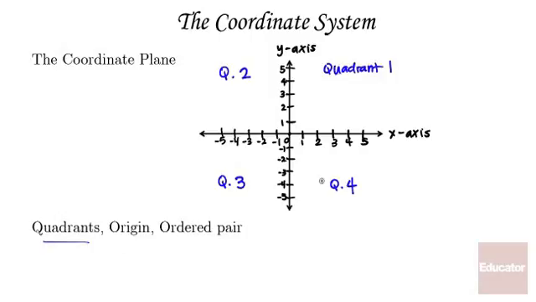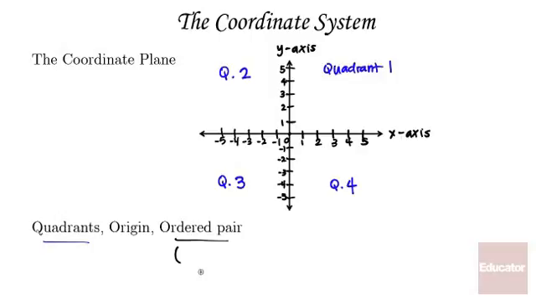Next, the number on the x-axis paired with the number on the y-axis is going to give us an ordered pair. So you're going to look for the number on the x and the number on the y. Together, it's going to map out your location on the coordinate plane, and that point is called an ordered pair. It's written in parentheses with two numbers.